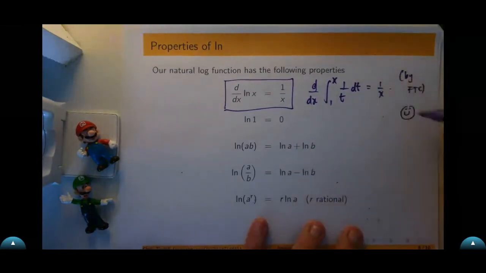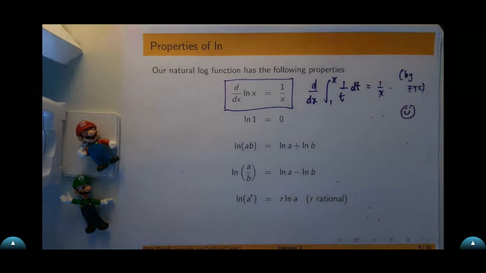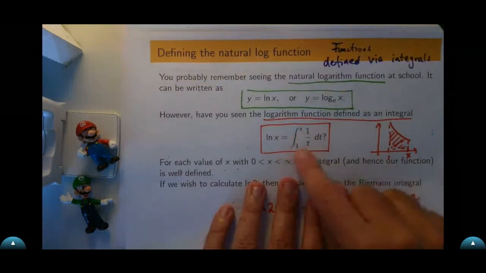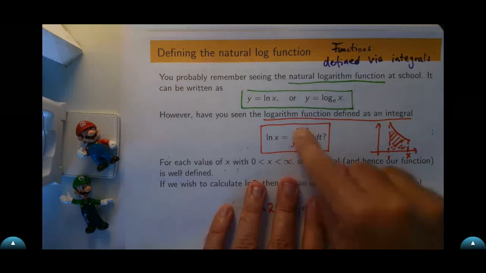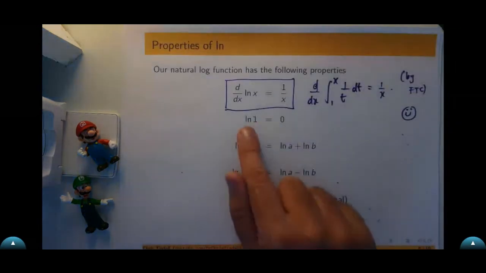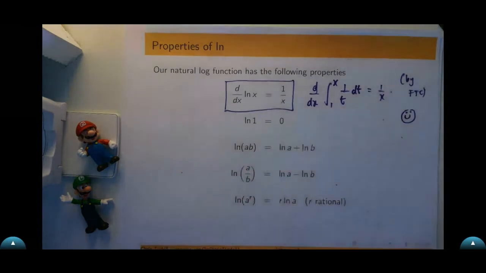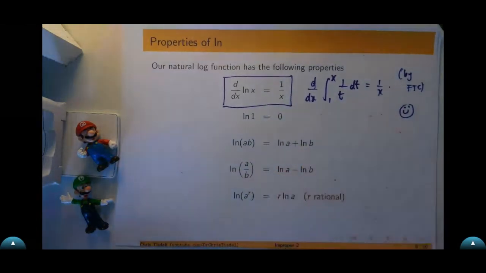How good is that? You can also see that if I put in x equals 1 here, I'm integrating from 1 to 1. So the natural log of 1 is 0 because it's 0 area. And you have some other properties too, the normal properties that you would expect from logarithms.